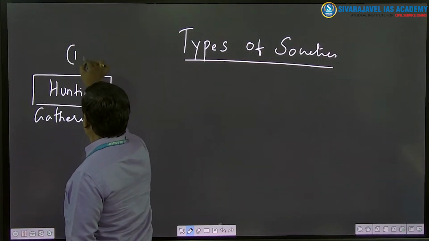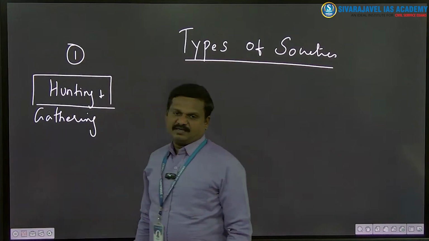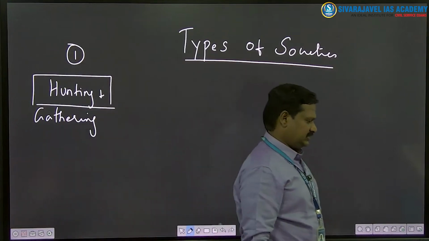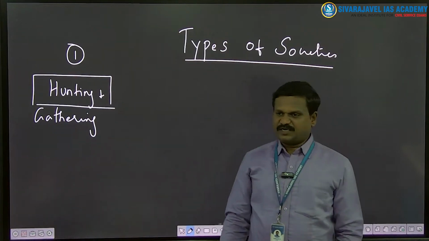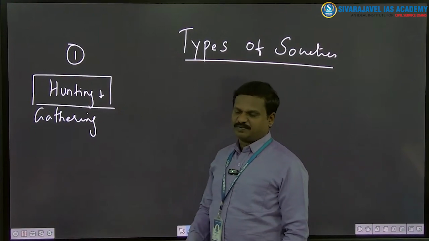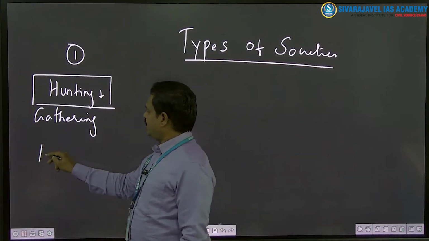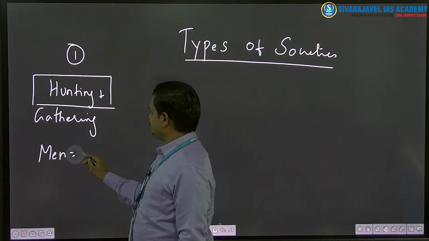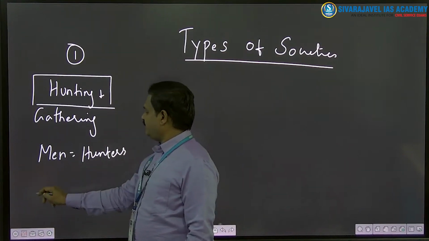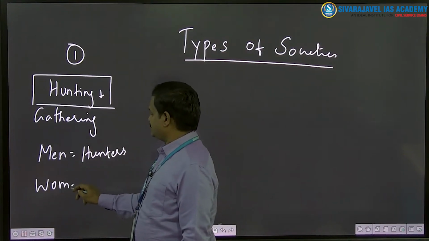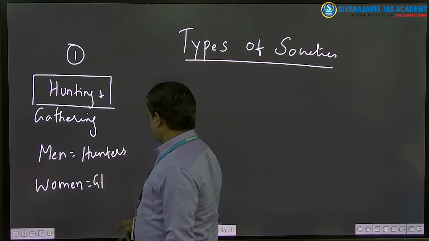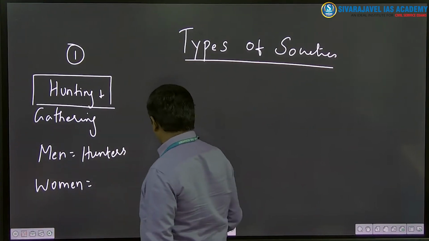This is the first type of society. In many places, this society existed as the first society, where generally speaking, men are the hunters and women are the gatherers.